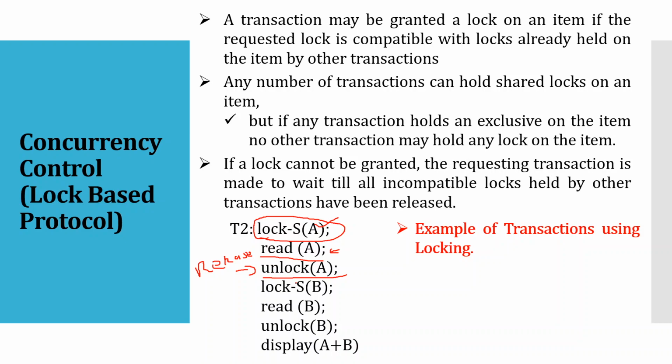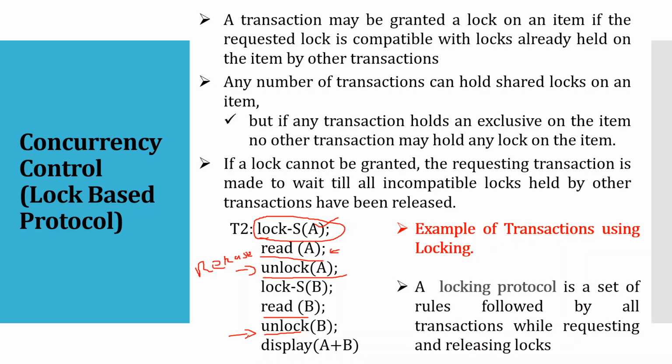Then lock S on B. Again it only reads the item, right? And again it will unlock after the read operation is completed. So this is how the operation will go. It will acquire the lock, perform its operations, and then release the lock using the unlock keyword. Clear with this, guys?